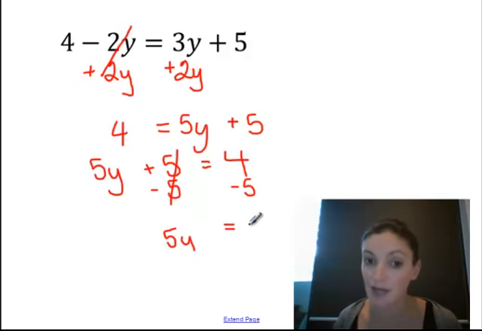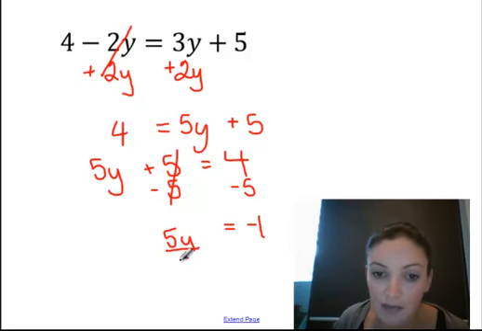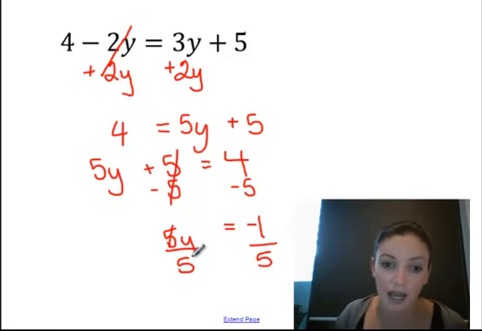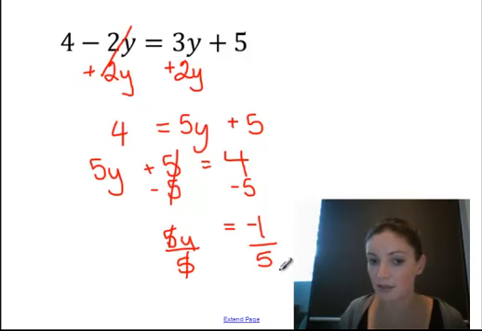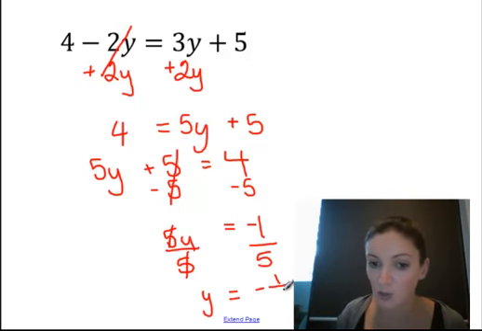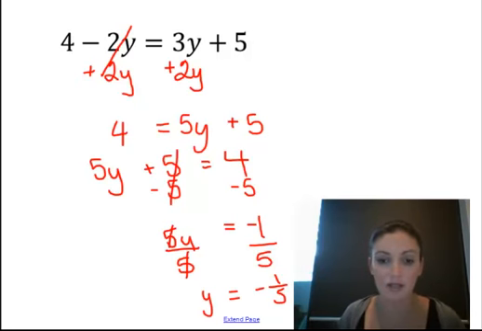So 4 minus 5 is minus 1. And then what I'm going to do is divide both sides by 5, okay? And it's important that you show this division by 5 here because, look, this is just a fraction, negative 1/5. So I'm just going to leave that as a fraction, negative 1/5. You don't need to turn it into a decimal. You can just leave it as a fraction. It's much easier that way.